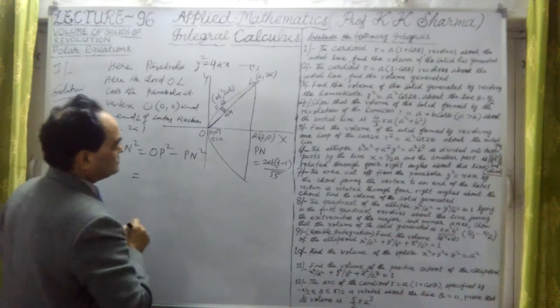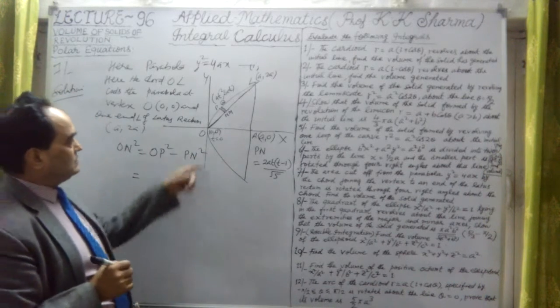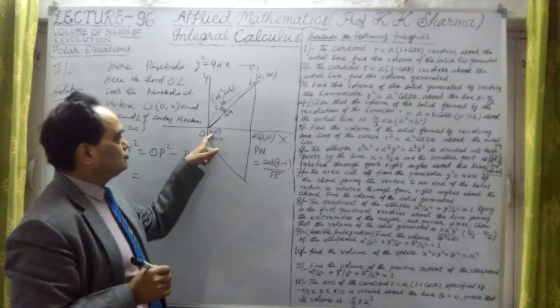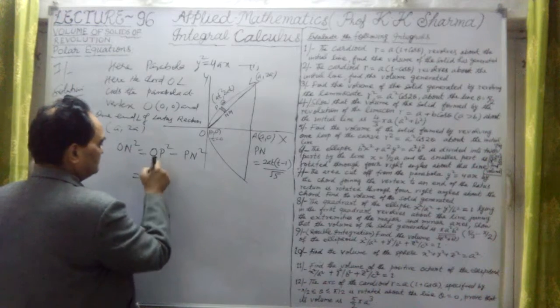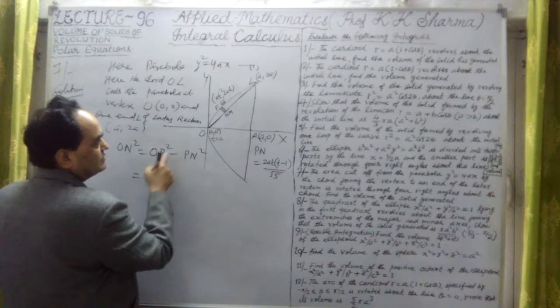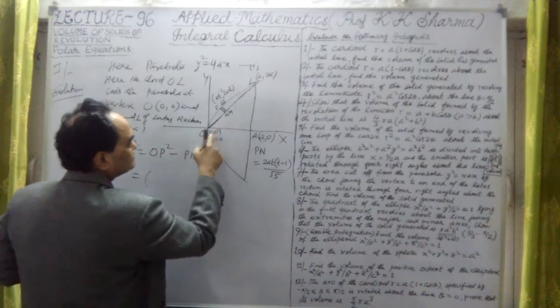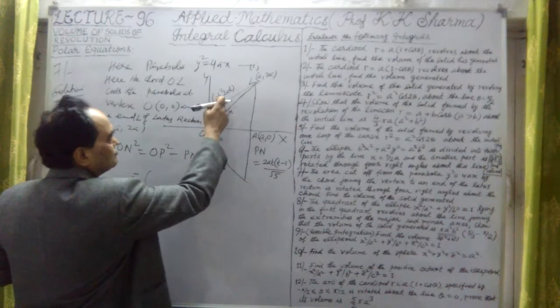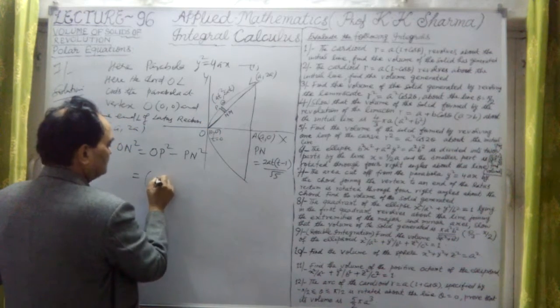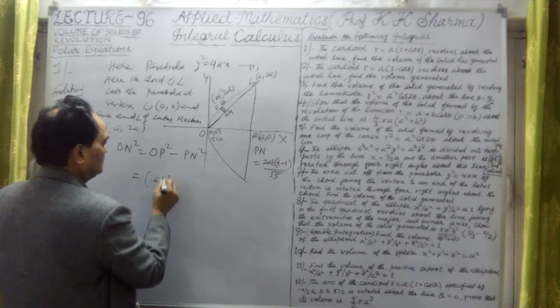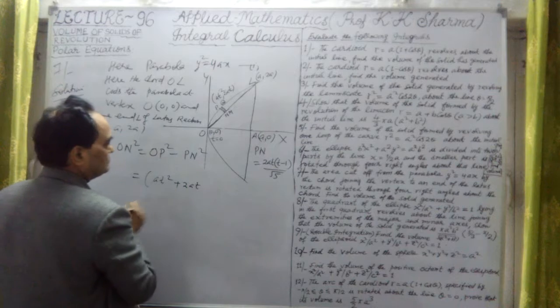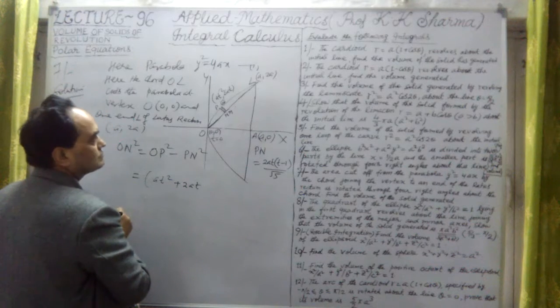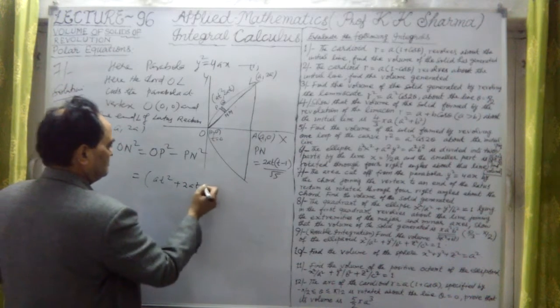Now what is OP square? This is the distance between two points, 0, 0 and at square, 2at. So OP square is a square t to the power 4, plus twice 'a' t whole square.